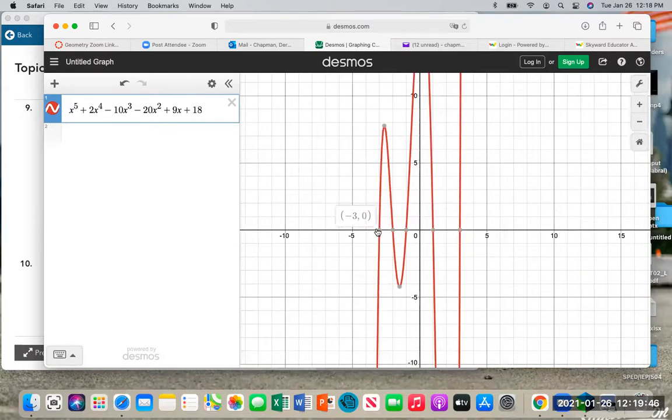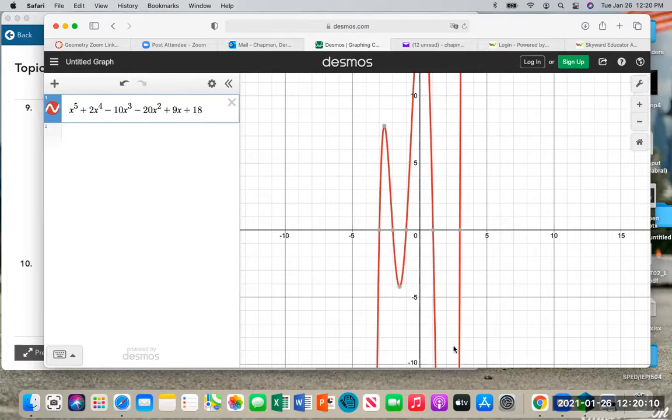So what I would say here is between -3 and -2, there's a turning point. Between -2 and -1, there's a turning point. Between -1 and 1, there's a turning point way up there. Between 1 and 3, there's a turning point way down there. And then that's it. There's just 4 of those turning points.